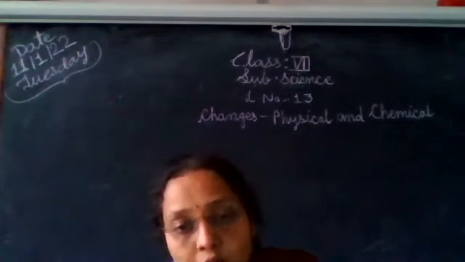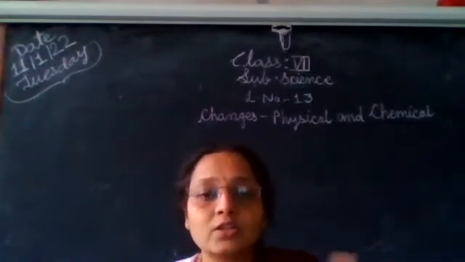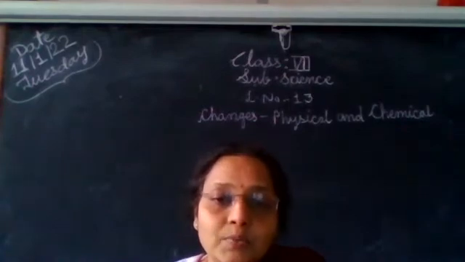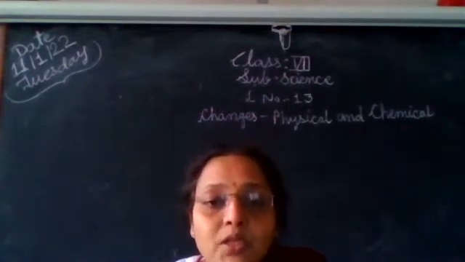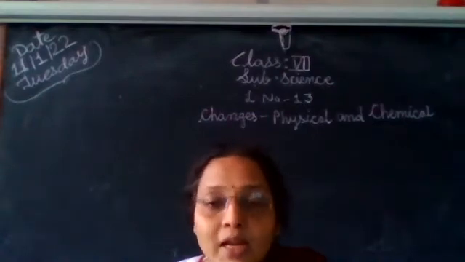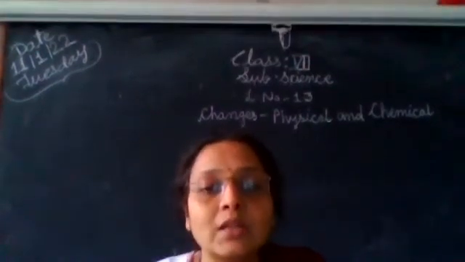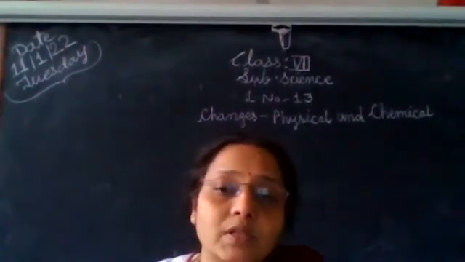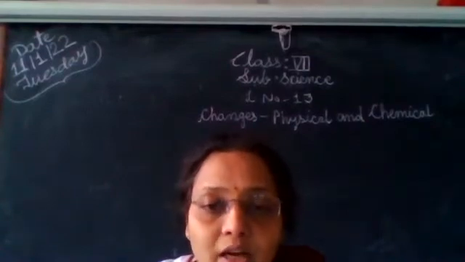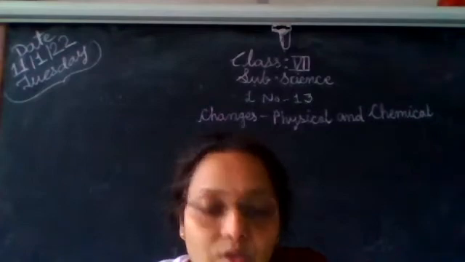When such a change occurs, a complete change takes place inside the substance. Its chemical composition also changes. The old substance undergoes a complete internal change. It is an irreversible process. Chemically it changes, so it is a chemical change.